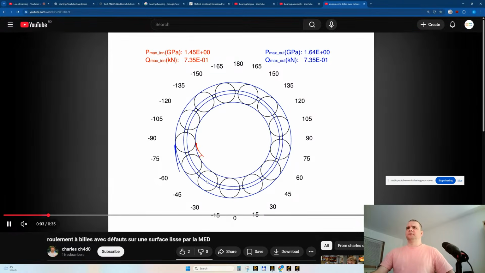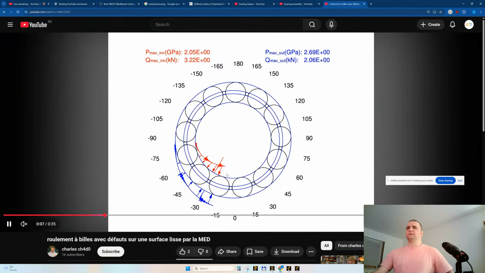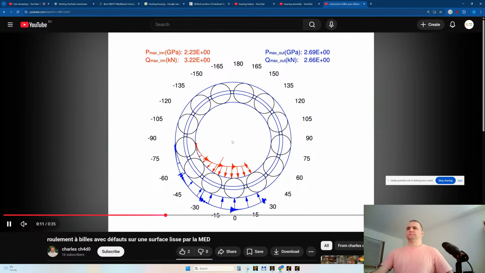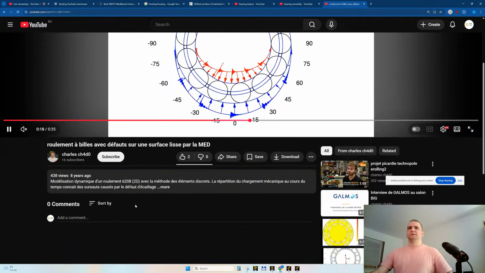So what do we have here? Oh my god, it looks so nice. I don't know what software it is, but it looks so nice. What is the software?